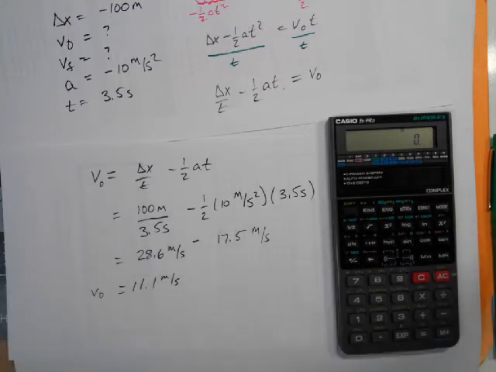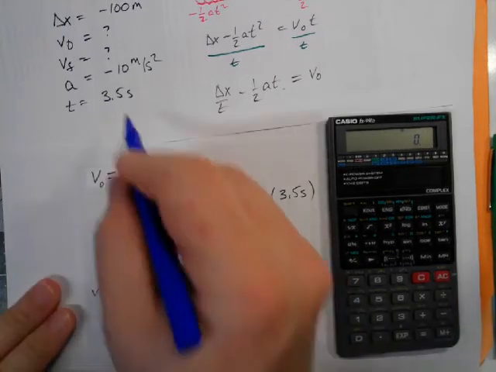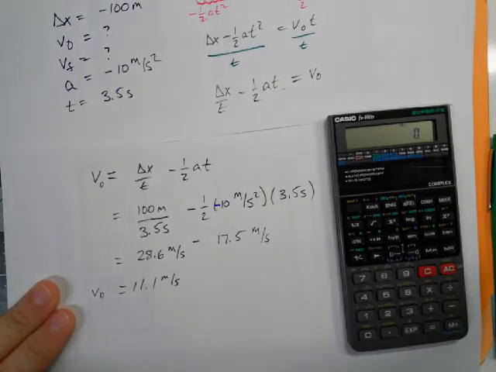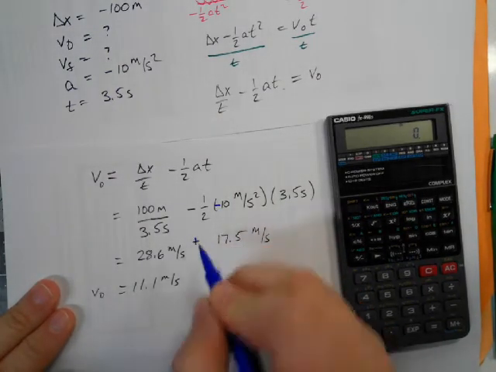You have to be careful. Sometimes you check, you plug it into another equation. The mistake I made here is that A, the way I've stated, is negative. And that means this term is positive.